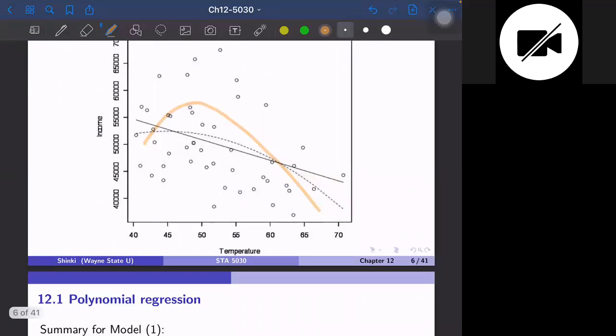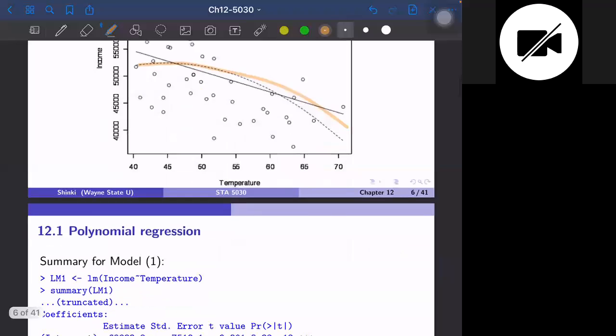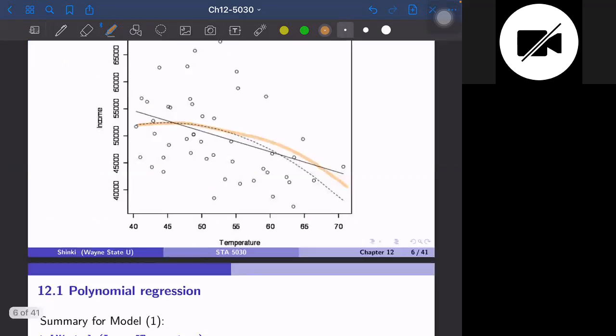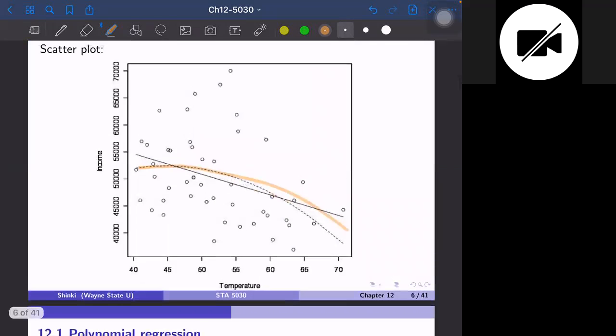And actually, the estimated quadratic curve is here. At first, the usual linear model with only temperature as predictor. Then we can fit, and temperature is clearly significant, with a negative coefficient. So actually, the warmer states have higher income per capita.